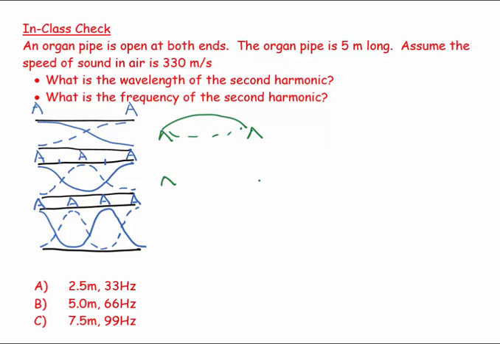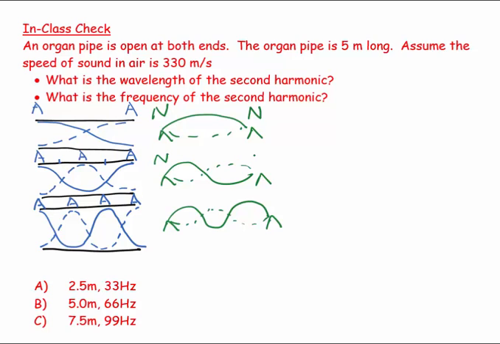Simplest for a guitar string. If I look at this, it's the same pattern. This was a node and a node with no node in the middle. This is an antinode and an antinode with no antinode in the middle.